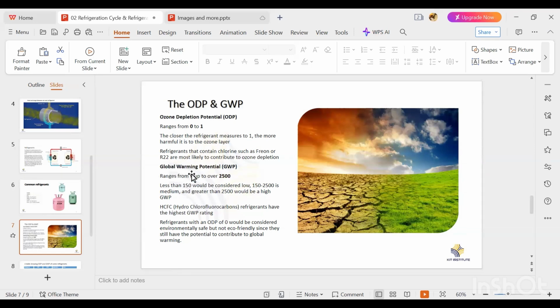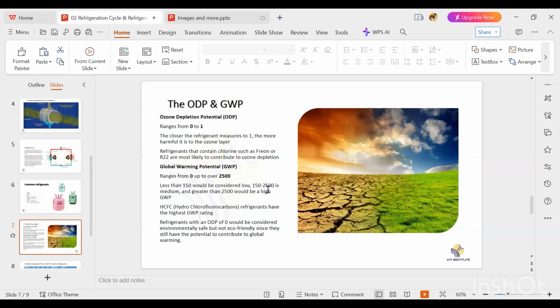When a refrigerant has a GWP of 0, it indicates that this refrigerant has no global warming potential. But as you scale up, the higher the figure, the more the refrigerant is very likely to contribute to global warming. So less than 150 would be considered low.